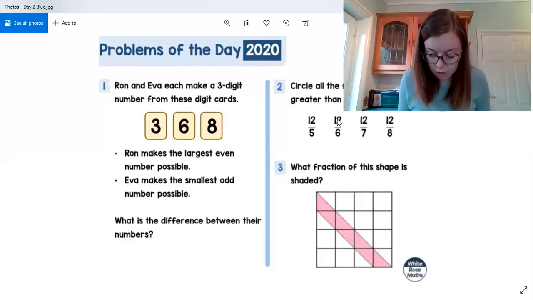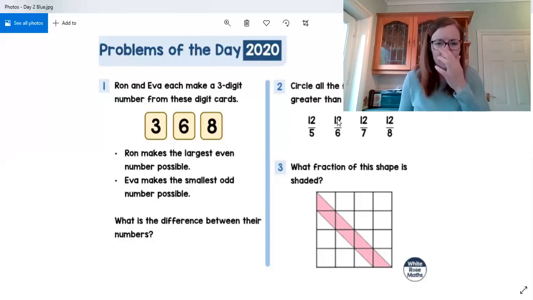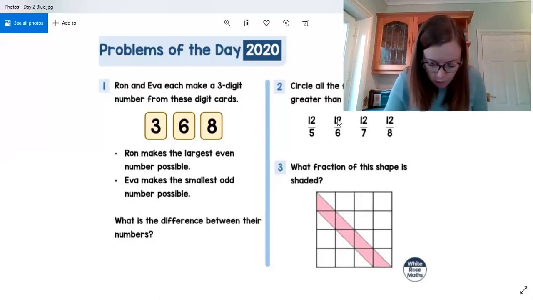So 1, 2, 3, 4. 1, 2, 3, 4. But the section that has been shaded, well, there's no complete squares coloured in, so I'm going to have to be quite careful with my colouring here. I'm going to colour in that, and I'm going to colour in that and that.